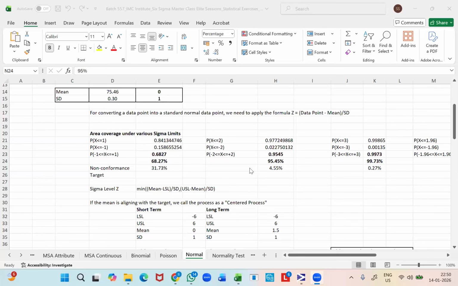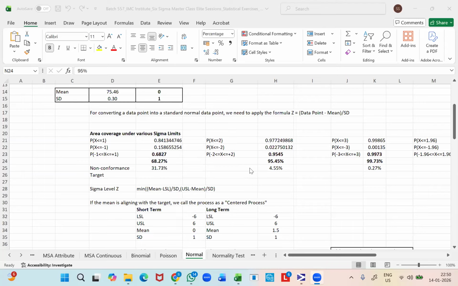Right, so we looked at the area coverage within various sigma limits for a normal distribution just before the break. The area coverage within one sigma limit is 68.27%. Within two sigma limits, it's 95.45%, and within three sigma limits, it's 99.73%. So what is the meaning of all these values?